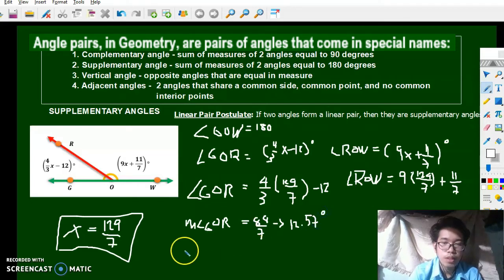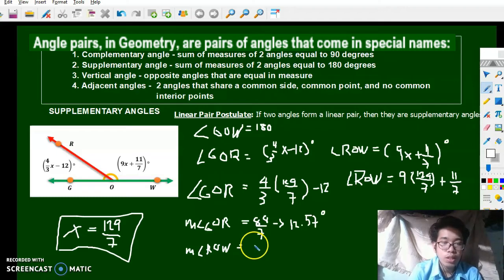So let's just write that down. Measurement of angle ROW is equal to, if you use a calculator, 9 multiplied by 129 over 7, that's the value of x, plus 11 over 7, from the given. So that's in degrees.